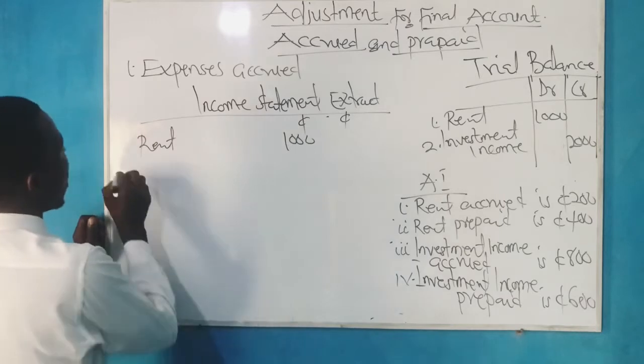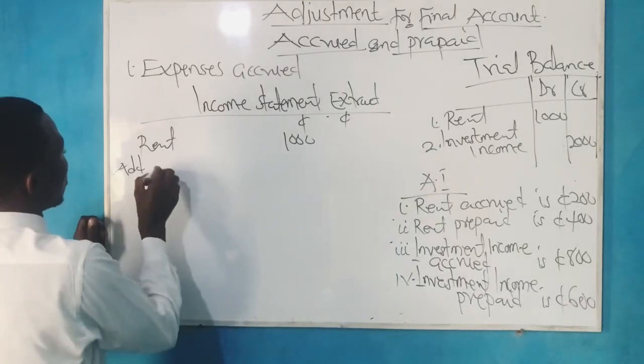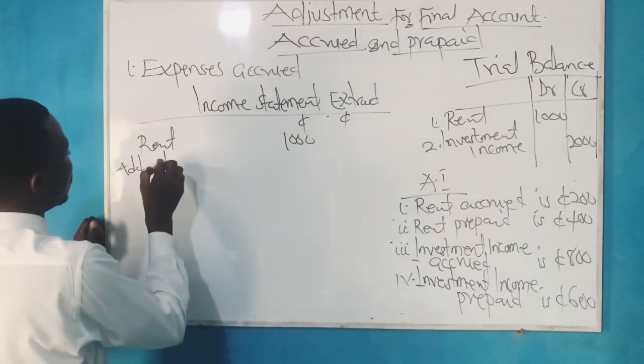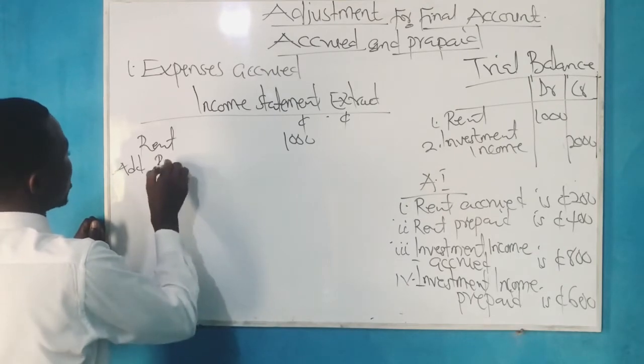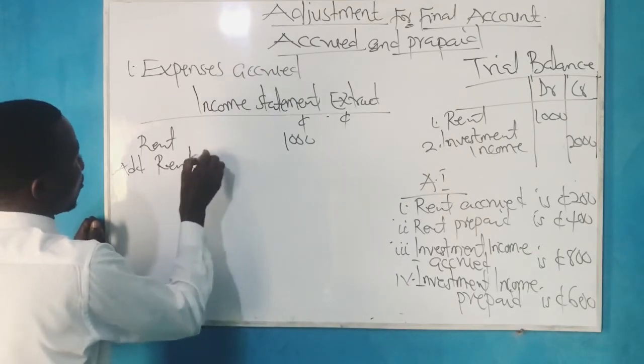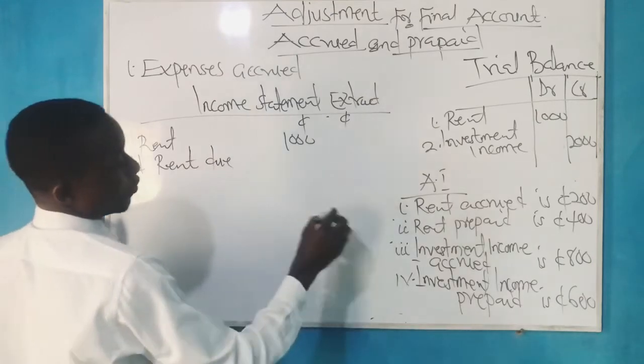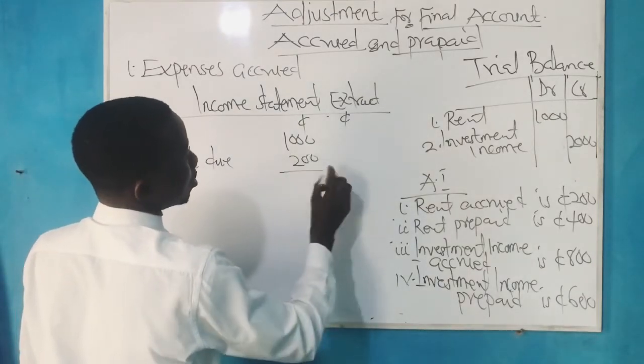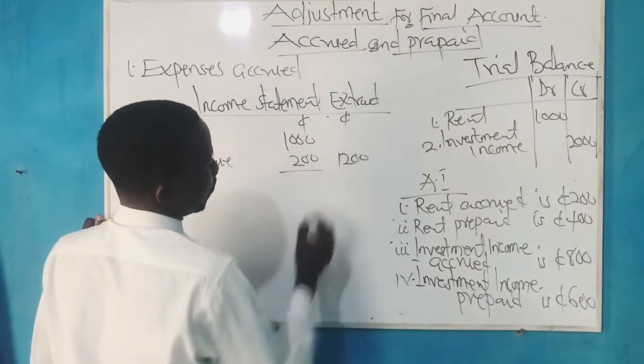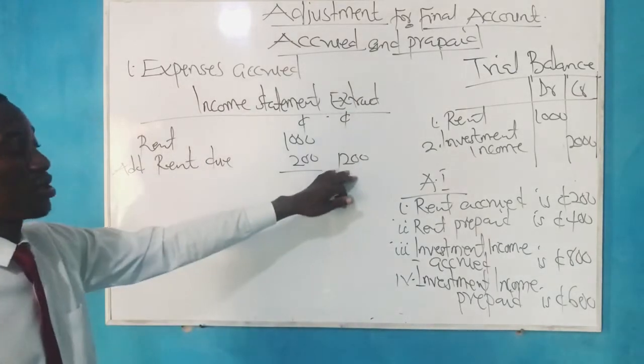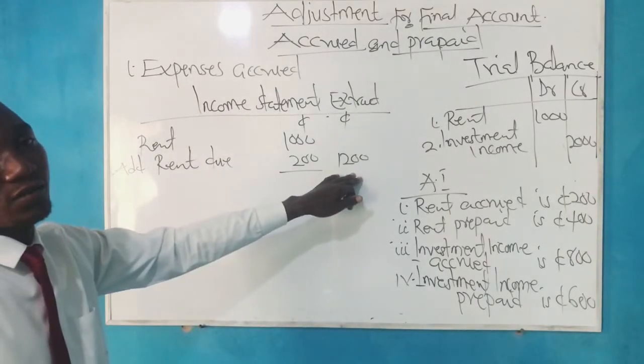Then we add our owings, expenses accrued or due. So we add a rent due of 200 cedis. This will give us 1,200. It means we are going to report this in the final account of a sole trader.